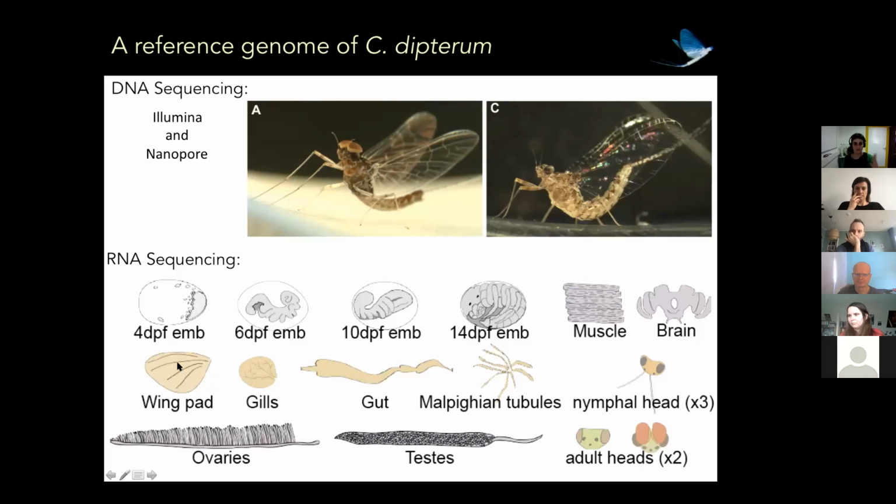So muscle, brain, gills, ovaries, etc., and also several stages of heads during the nymphal stages. And why did we do that? First, to help with the gene annotation of the genome, but also because we were interested in investigating gene expression across these different samples.